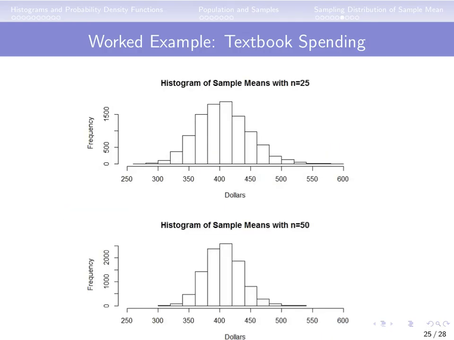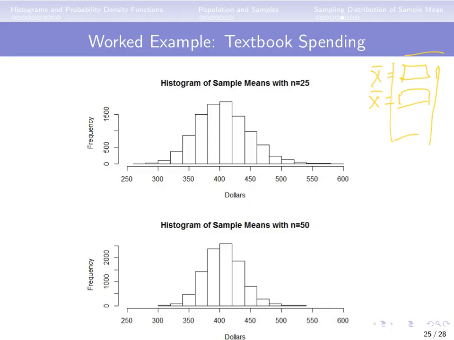Let's take a look at some pictures. Basically, from the previous histogram, I keep taking repeated random samples of size 25 and then find the sample mean. Your first sample mean of size 25 maybe had a certain value, and then I take another sample mean, find its own value, it varies, and then I plot the corresponding histogram for all of these sample means.